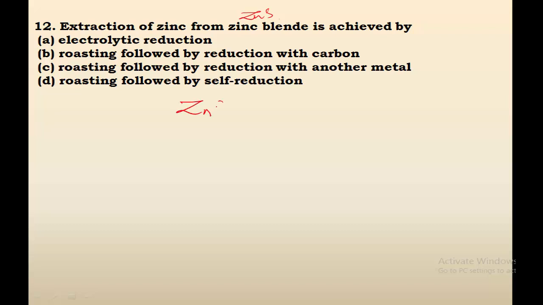So Zn is there, S is there. First we have to convert that into zinc oxide and then reduce to zinc. First, zinc sulfide should be heated in the presence of excess air.